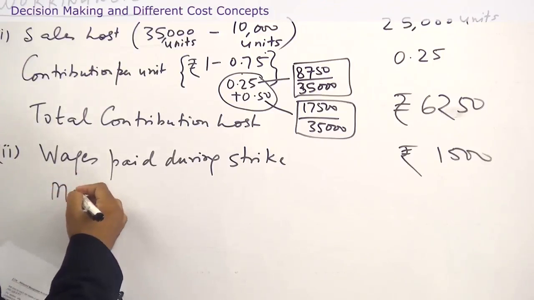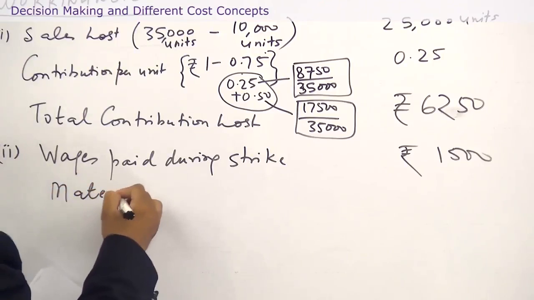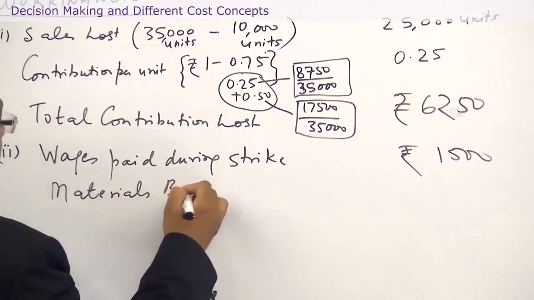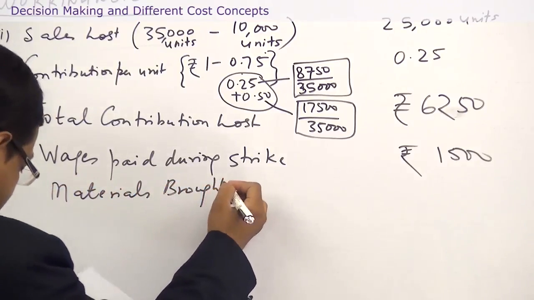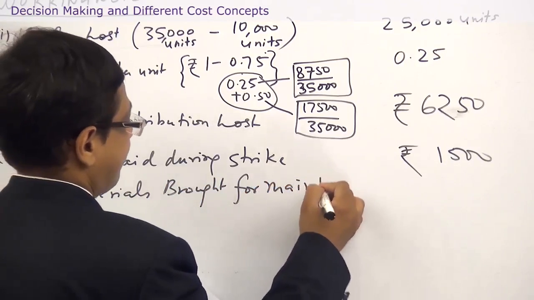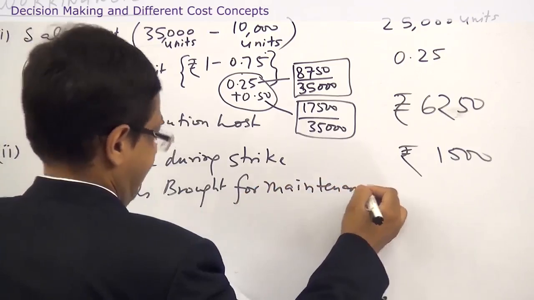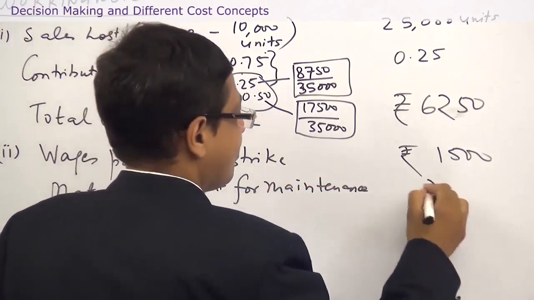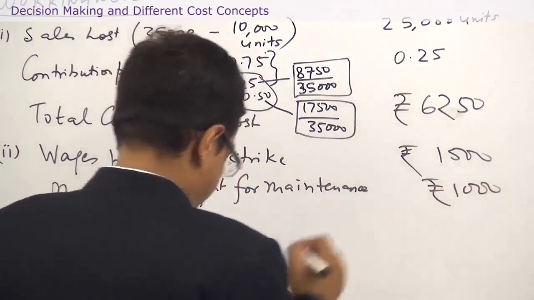Then you have material bought for maintenance. This is rupees 1000.